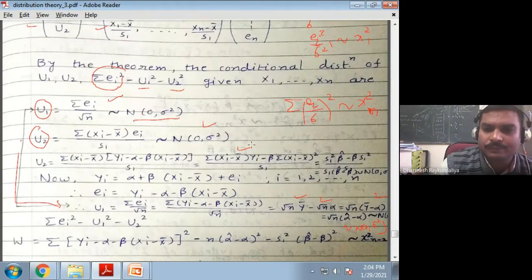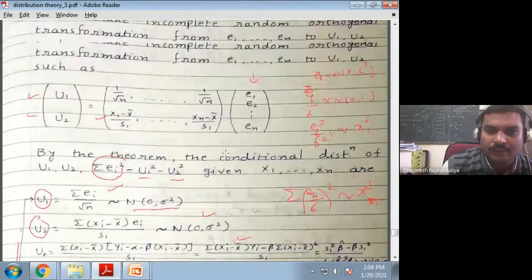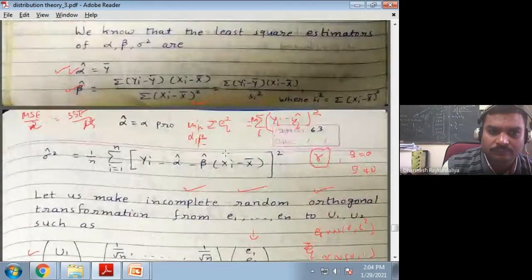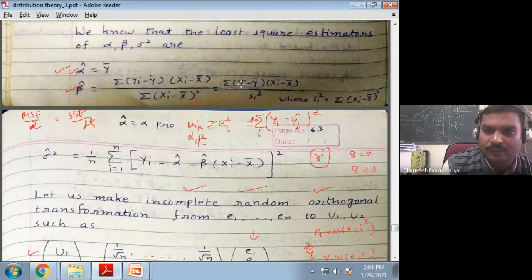But what is this? We have obtained beta cap equal to this, and if you multiply yi minus y bar with xi, you will get this term, the summation yi minus y bar xi.